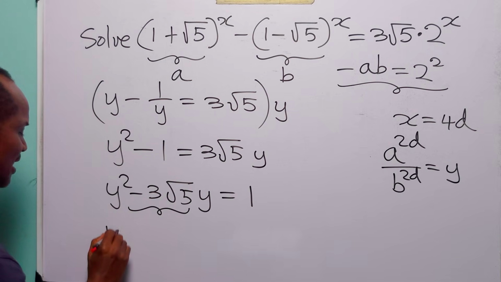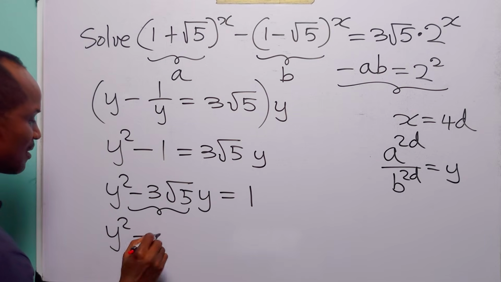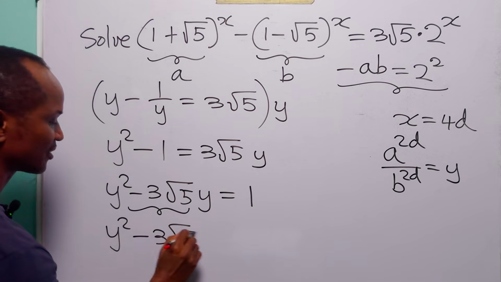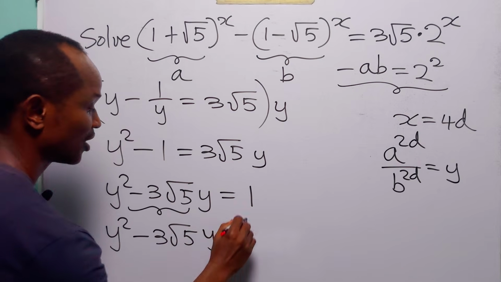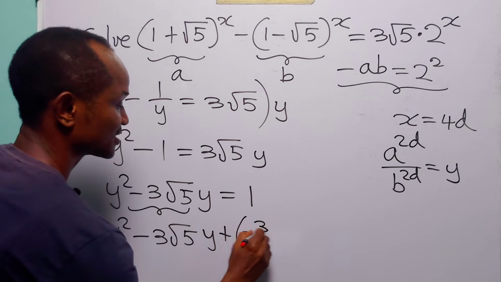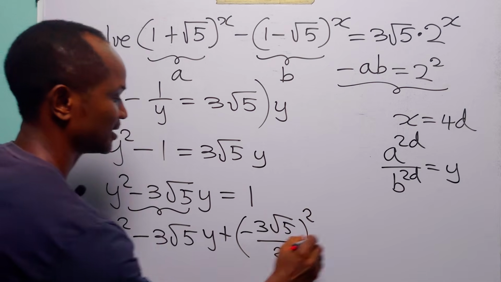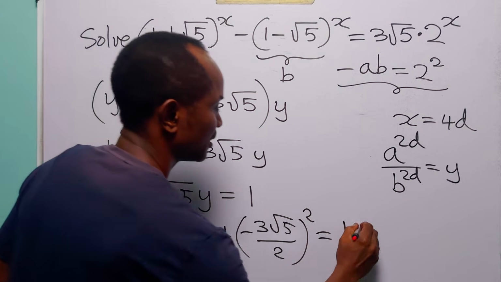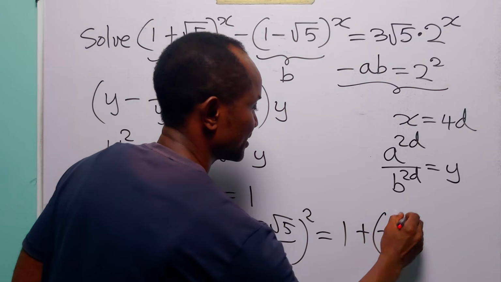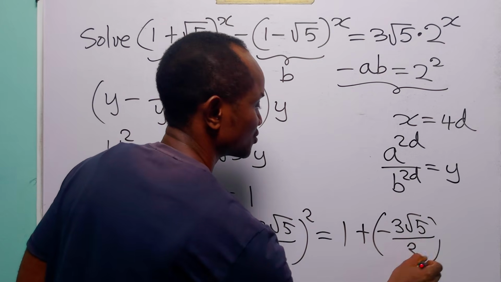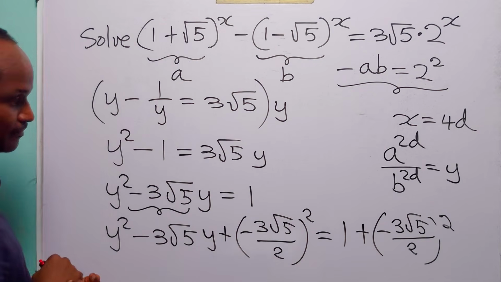Now, when we do that, we have y squared minus 3 root 5y plus minus 3 root 5 over 2 squared is equal to 1 plus minus 3 root 5 over 2 squared.